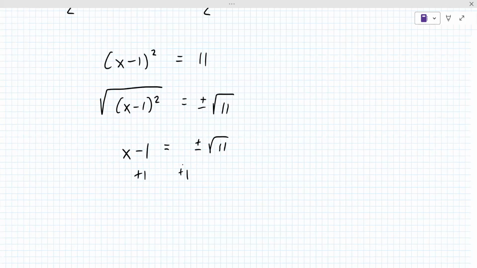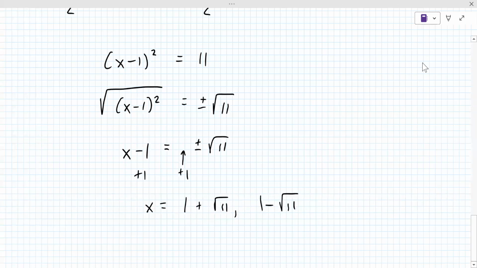Add 1, add 1. So your answers are 1 plus square root of 11, 1 minus the square root of 11. And that's where you got to go to your calculator and work that out. So if you got one handy, go ahead and calculate those. I'll do the same. Let's make sure we're on the same page with those numbers.